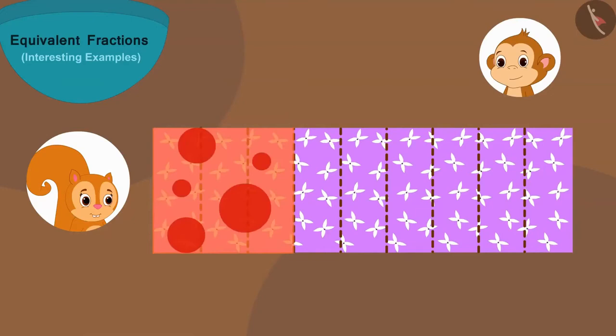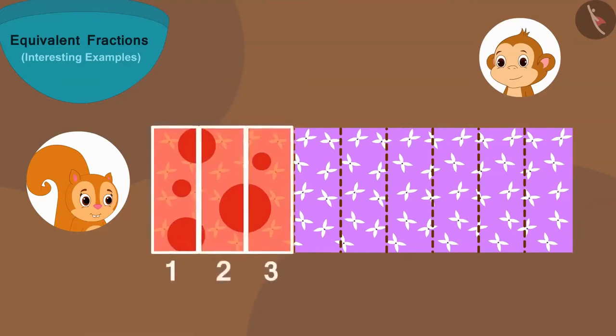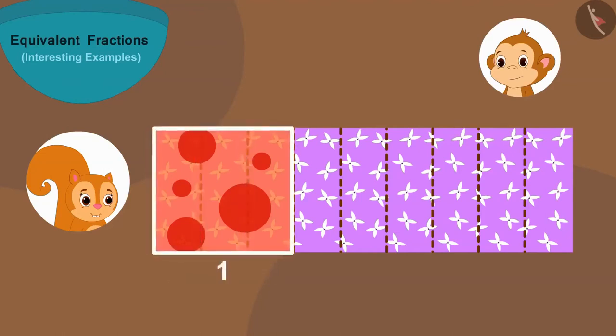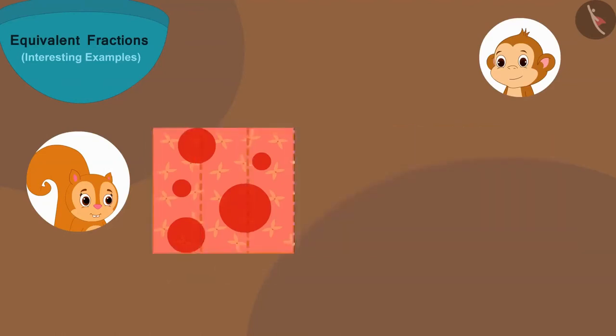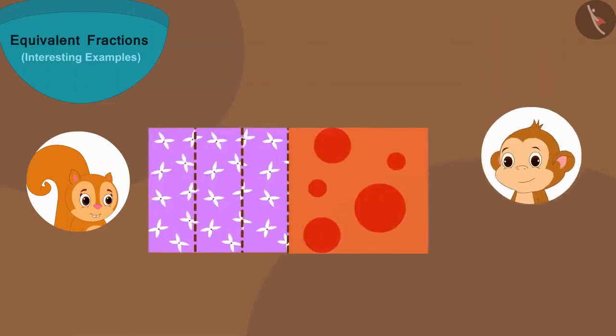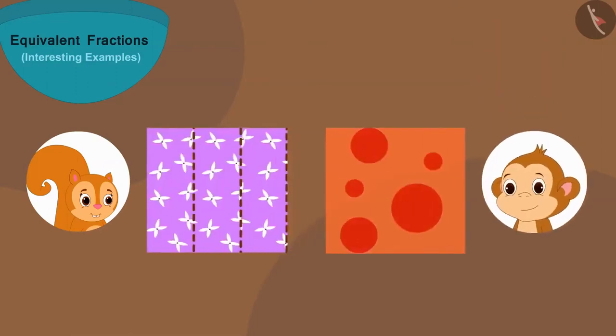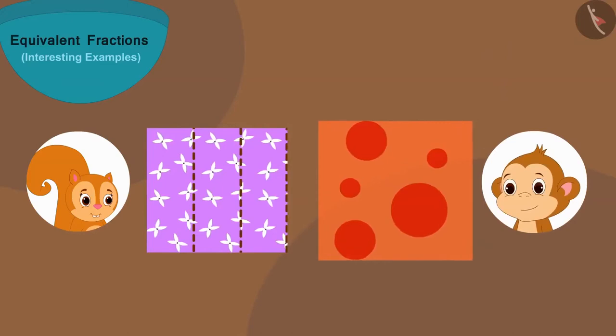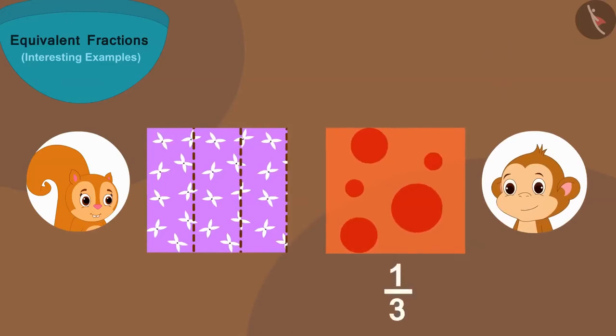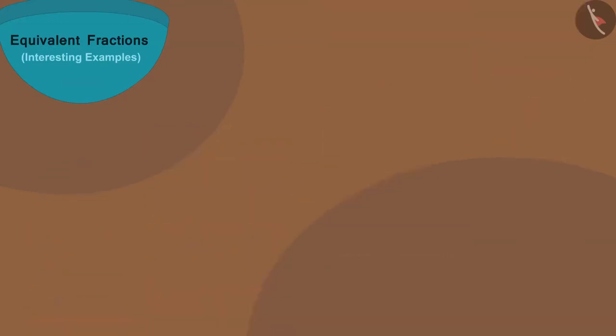Now she sees that 3 parts of her cloth are equal to 1 part of Babban's cloth. Children, is Babban's thinking correct? Are 1/3 part of Babban's cloth and 3/9 part of Chanda's cloth equal?